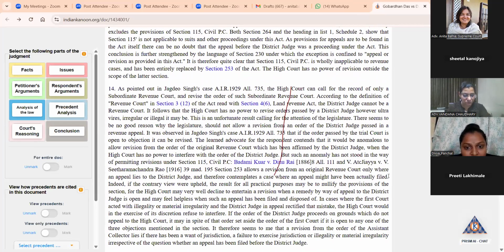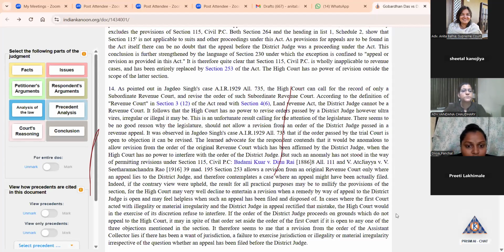39 195. Section 253 allows a revision from an original revenue court only where an appeal lies to the district judge and therefore contemplates a case where an appeal might have been actually filed. Indeed, if the contrary view were upheld, the result for all practical purposes may be to nullify the provisions of the section.